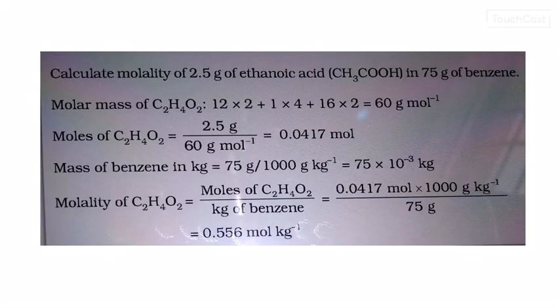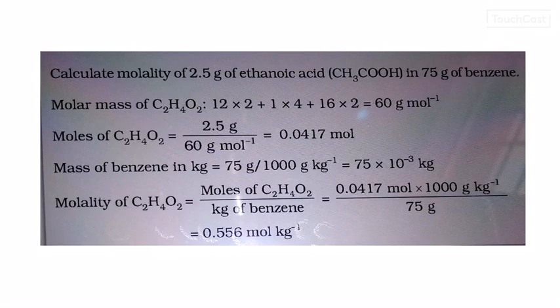So we have a question. Calculate molality of 2.5 gram of ethanoic acid and 75 gram of benzene. Molality, the formula to find the molality is number of moles of solute by mass of solvent in kilogram. So here you have to find the molar mass first for ethanoic acid, because it is the solute, and you have to find the number of moles of ethanoic acid.